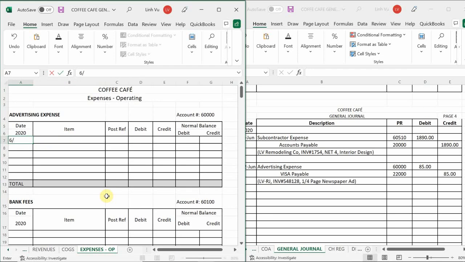It's the 12th, and again, we purchased a 1/4 page newspaper ad. We are on General Journal page 4, and we debited this by $85, because we bought advertising for $85.